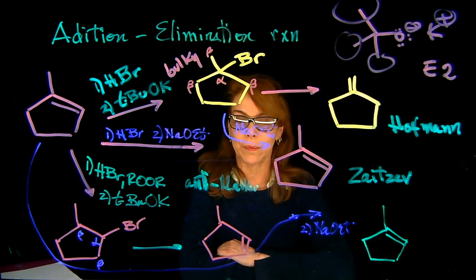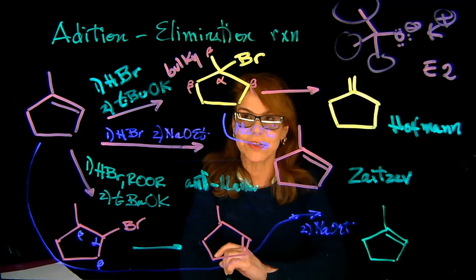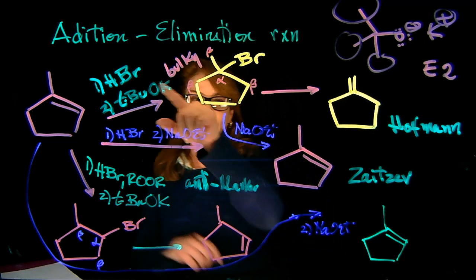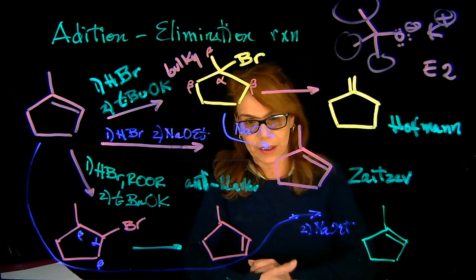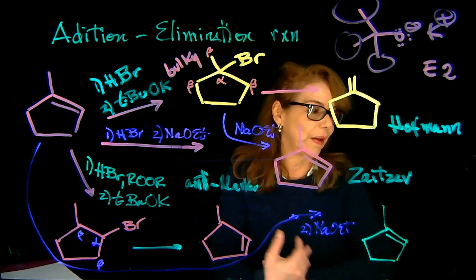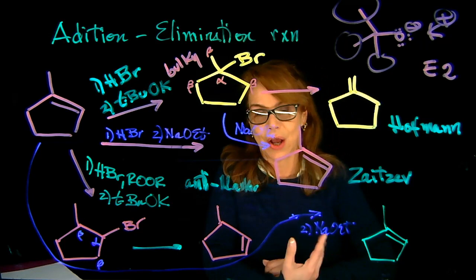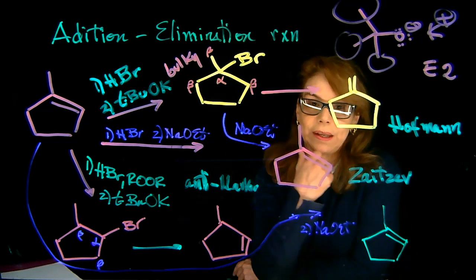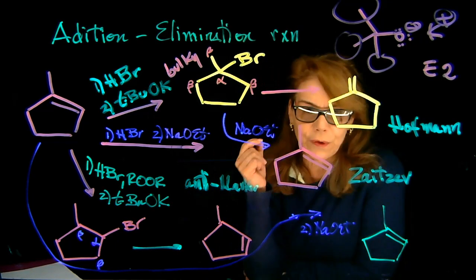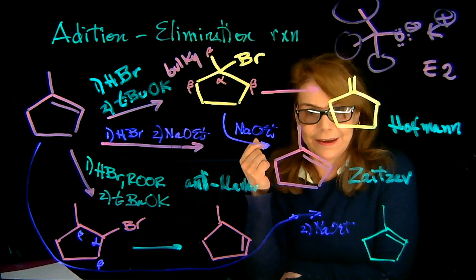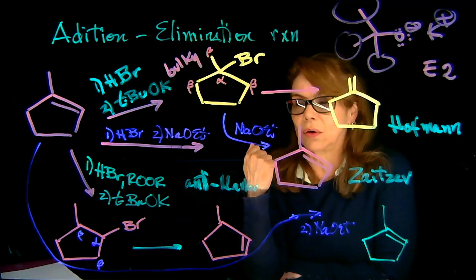Overall, using all of these conditions, we have used hydrohalogenation, both Markovnikov and anti-Markovnikov, followed by an elimination. So we have to pay attention to the conditions. First, look at the reagent and determine what reaction is going on.